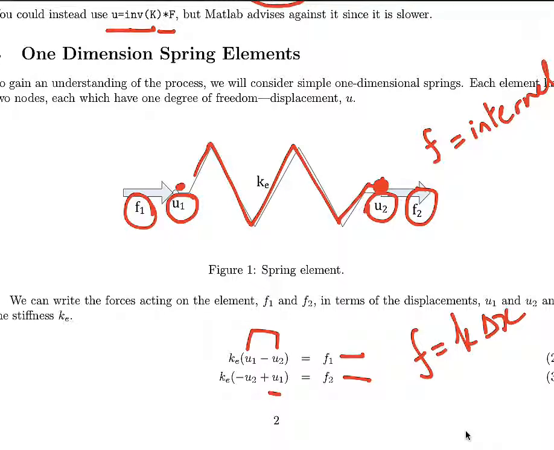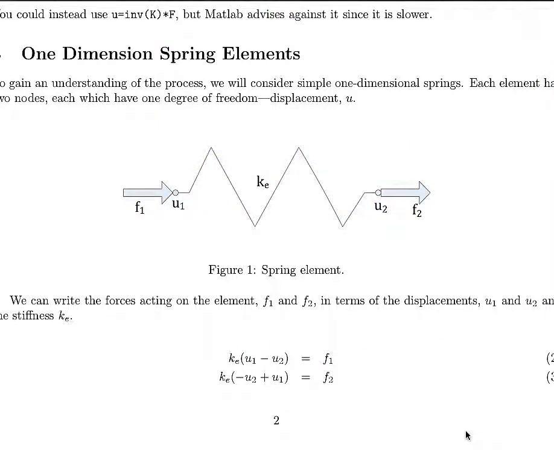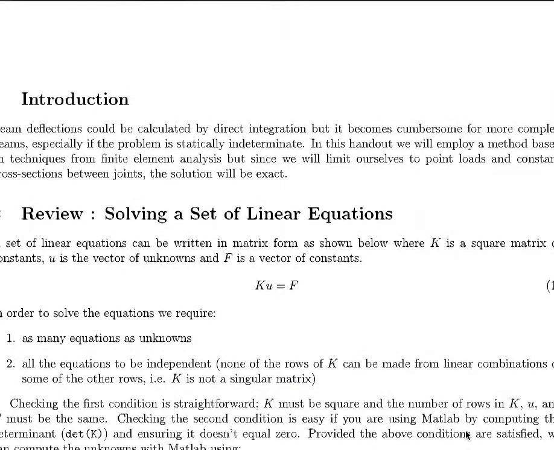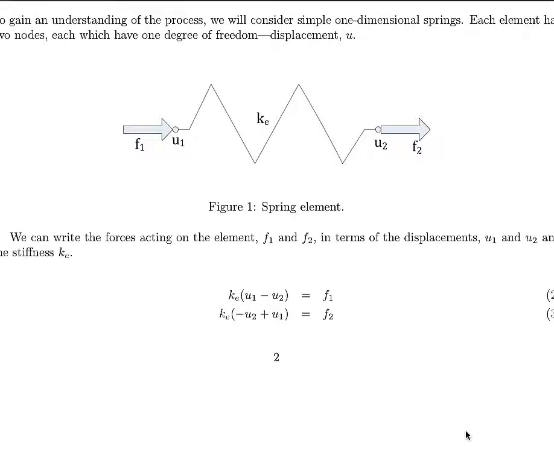So in other words, we have two equations for that element, and the two equations are for the force equal to K delta X, and delta X is for each side of the node as we measure from there. So if we want to write these two linear equations in a matrix form, we could write them such that the F will be a vector on one side.